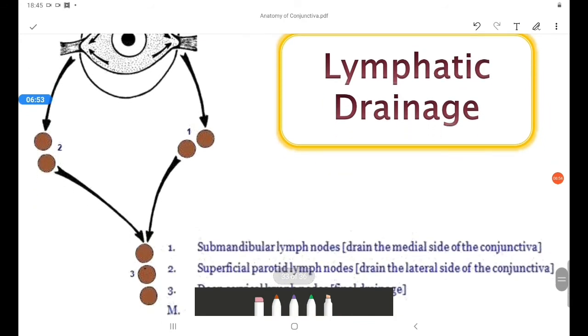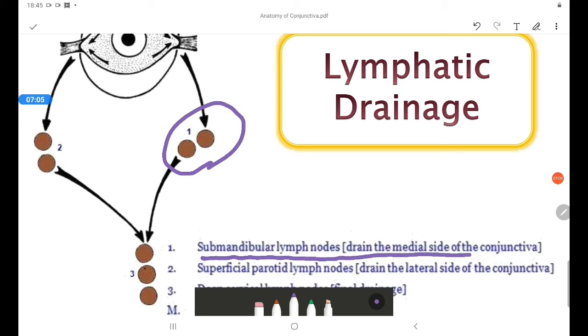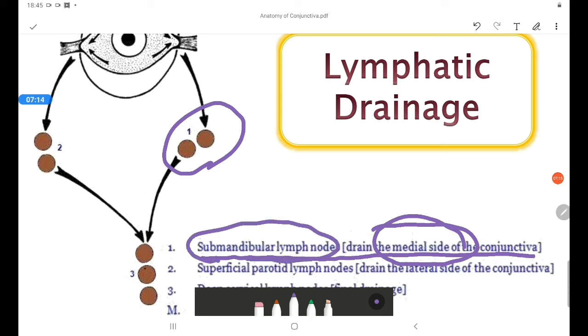Now the next is the lymphatic drainage. Everything in the medial end, as you can see, is draining into the submandibular lymph nodes. So the medial side of the conjunctiva drains into the submandibular lymph nodes. Now things on the lateral side drain into the superficial parotid nodes.